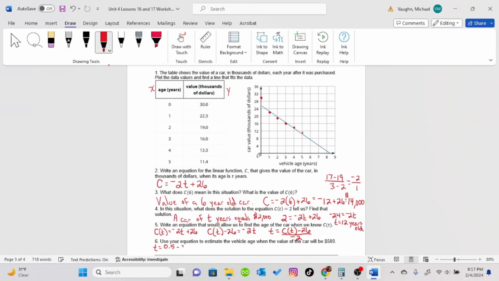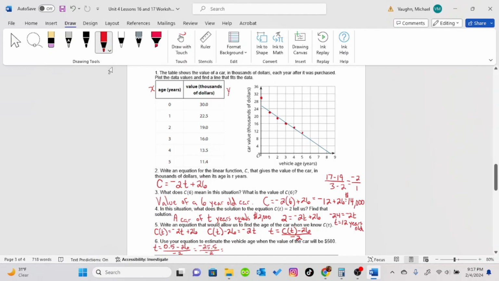Then we subtract 26 and we divide by negative 2. 0.5 minus 26 is negative 25.5, and we divide that by negative 2.